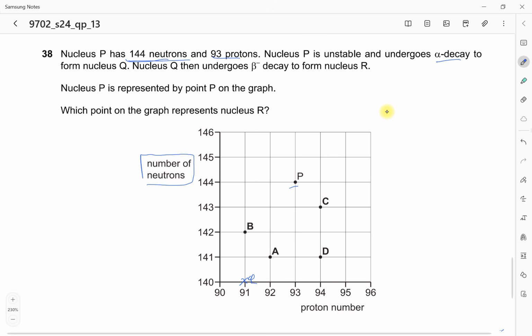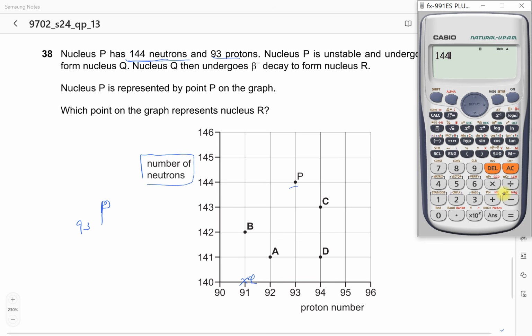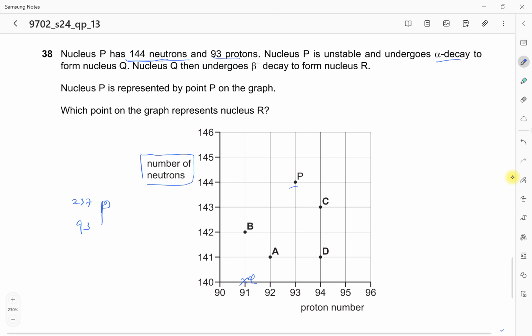So here, for P, the number of nucleons is going to be 144 plus 93, which is 237. So 237 gives us Q plus alpha, which is 42.